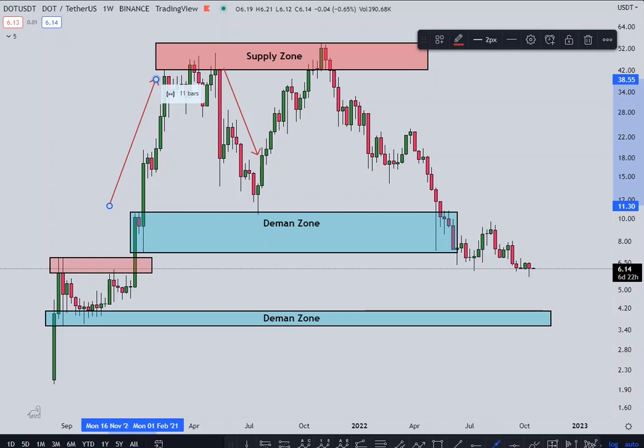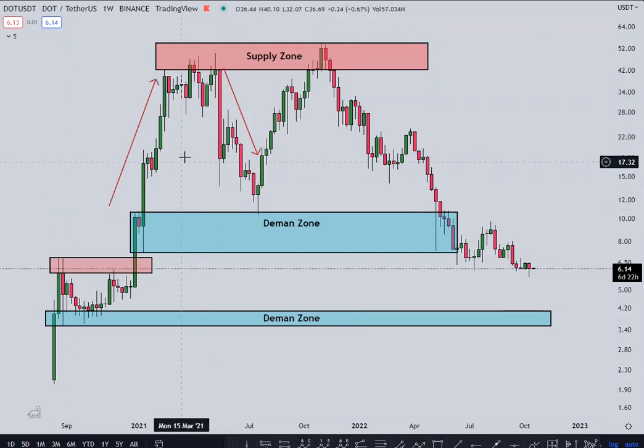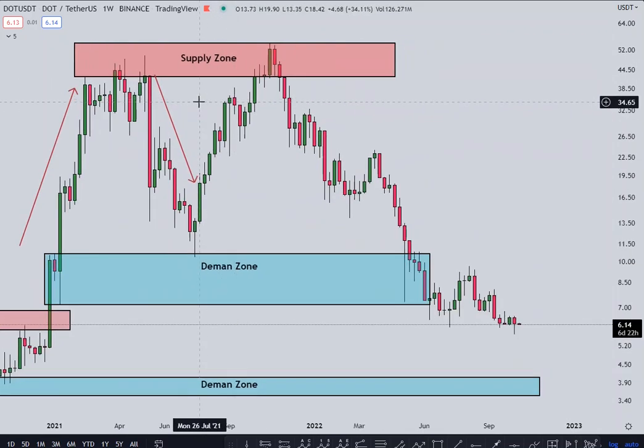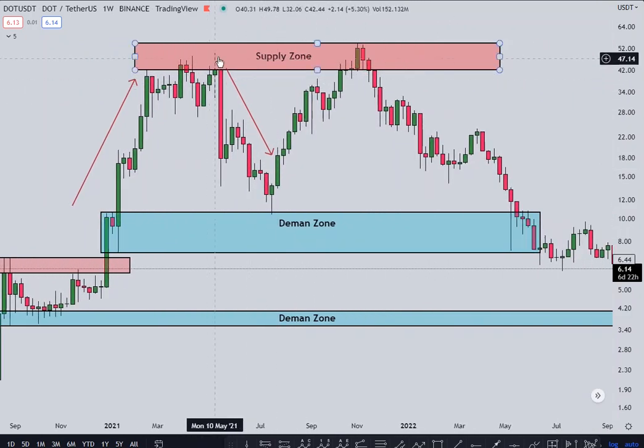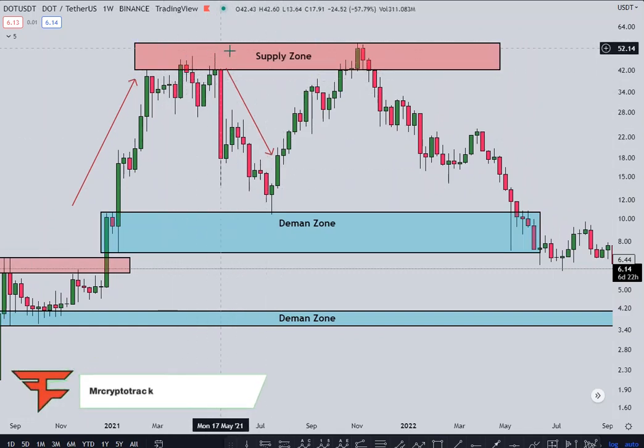The candlesticks or bars that make the origin of a strong downtrend are called the supply zone or distribution zone. What I mean here, we have a very strong candle, let me zoom a little bit, and this green candle is the origin of this move to the downside. So here we can say this area is our supply zone.